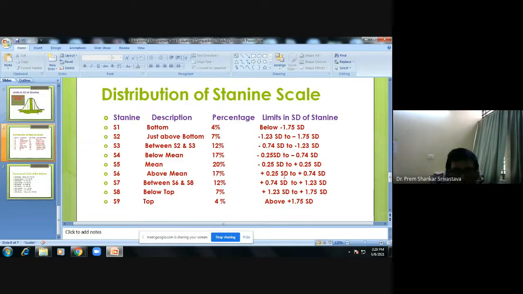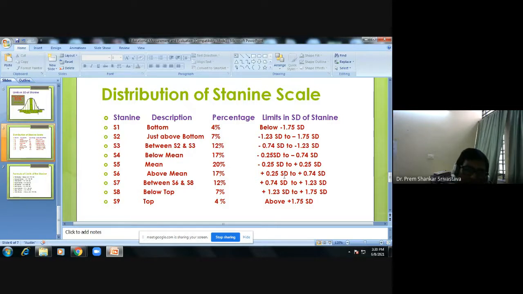The description of the first Stanine is the bottom. That covers 4% of the normal curve, and it is below minus 1.75 standard deviation. These are the limits in the Stanine.